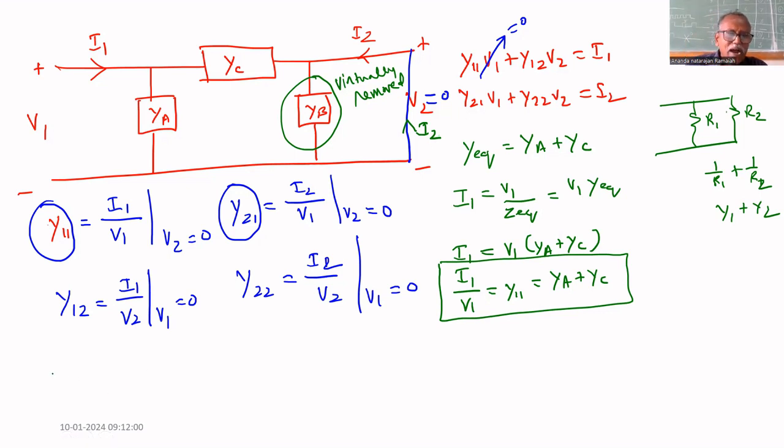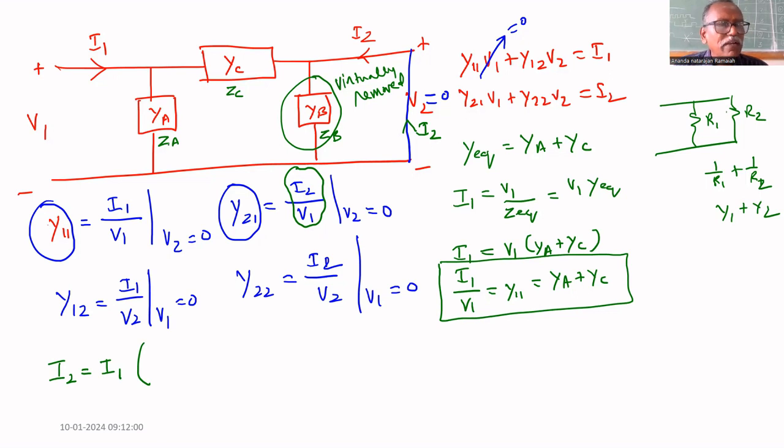Therefore, let us write the expression for I2, because Y21 is I2 divided by V1. If you talk in terms of impedance, this is ZA, this is ZC, and this is ZB. So I2 equal to the total current multiplied by, these two are in parallel. YA and YC are in parallel. YB is not in the circuit.